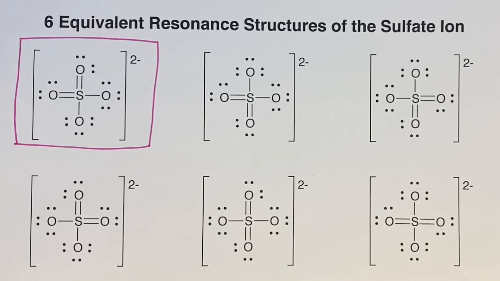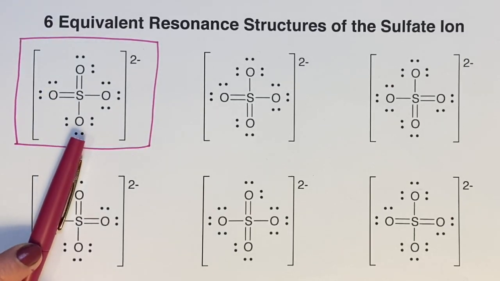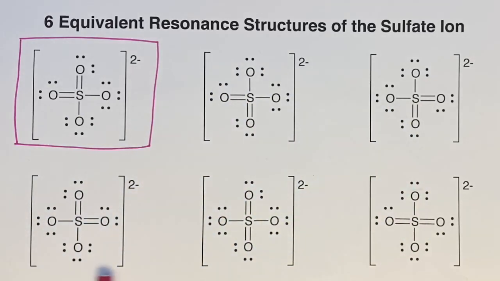There are different patterns that we can have for the 2 oxygen-sulfur double bonds and 2 oxygen-sulfur single bonds across these 6 structures. This is the one we drew on the previous page, but any of these 6 structures would be accepted as a correct answer. In a question like this one, you would be told that you would only need to draw 1 equivalent resonance structure for the molecule. I could also ask you a question where I ask you to draw all 6 equivalent resonance structures for the sulfate ion.